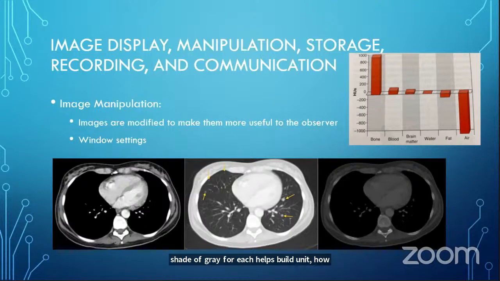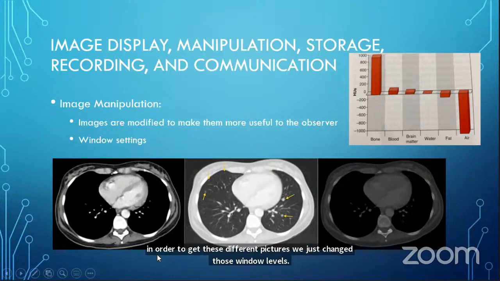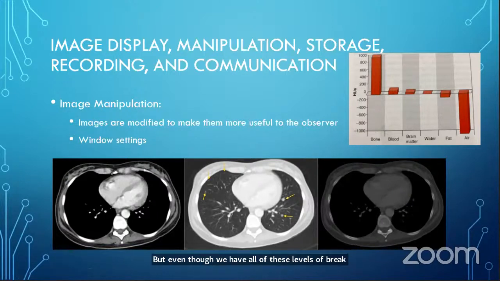However, even though there's more than 2,000 Hounsfield units, not all of these values can be displayed. Newer monitors can display up to 1,024 shades of gray, but the human eye can only differentiate fewer than 40. So in order to get these different pictures, we just change those window levels. But even though we have all of these levels of gray, we can't see them basically because we can only see up to 40 different shades.